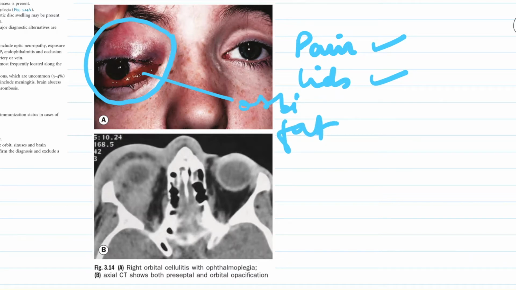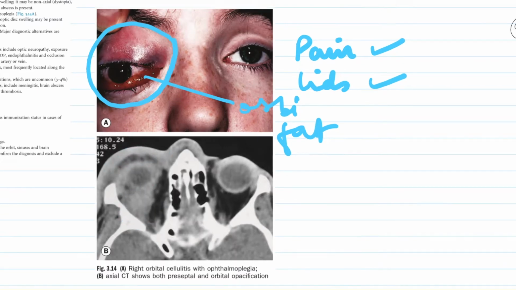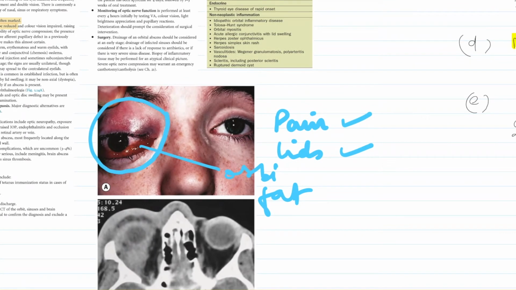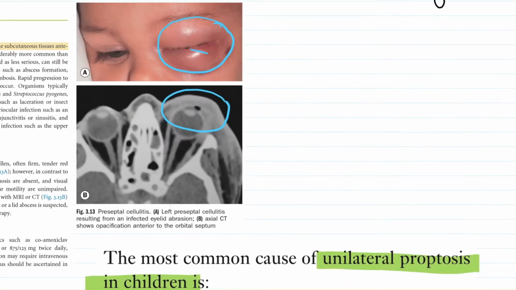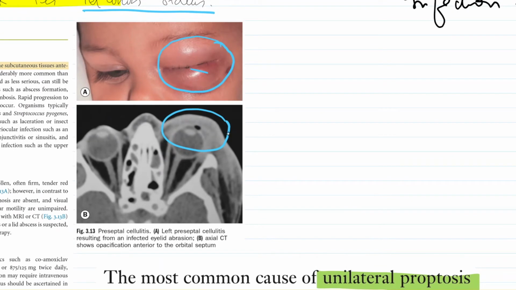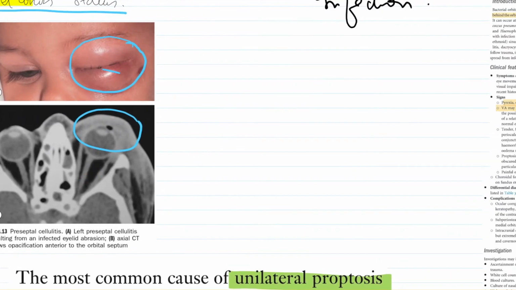On an axial CT, you see both preseptal and orbital opacification. So this gives you a clue that the involvement is much deeper than a preseptal cellulitis. As you can see, in contrast, our preseptal cellulitis had only anterior opacification and there is no opacification in the orbital part or the deeper part of the eye.